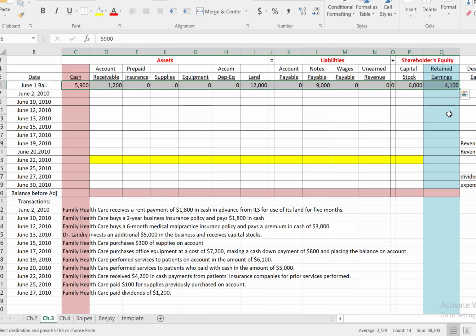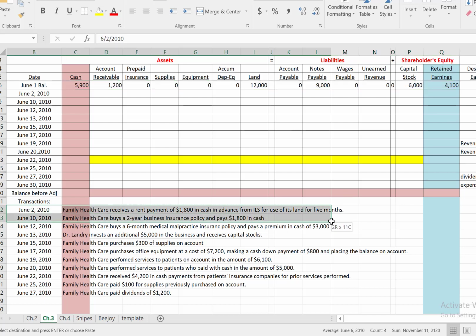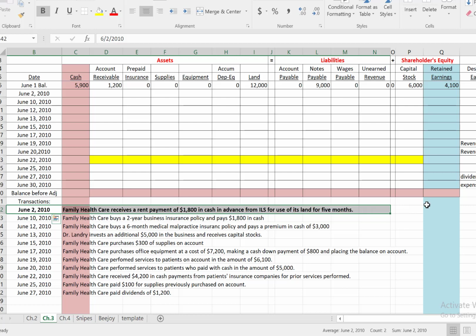So in this video, let's go through some very specific transactions and see how these actually work out in terms of our listing. So the first transaction is on June 2nd. So on June 2nd, Family Healthcare receives a payment of $1,800 in cash in advance for the use of its land for 5 months.